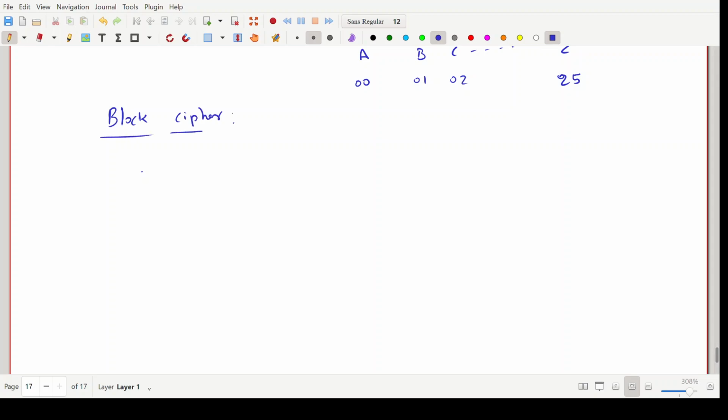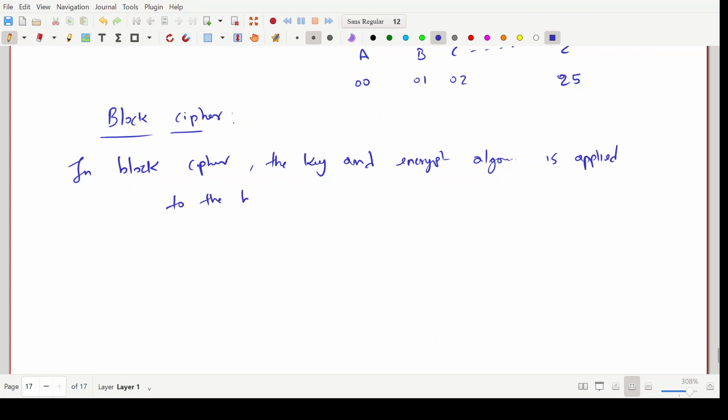In the definition, we had already told that in block cipher, the key and the encryption algorithm is applied to the block of data at once.